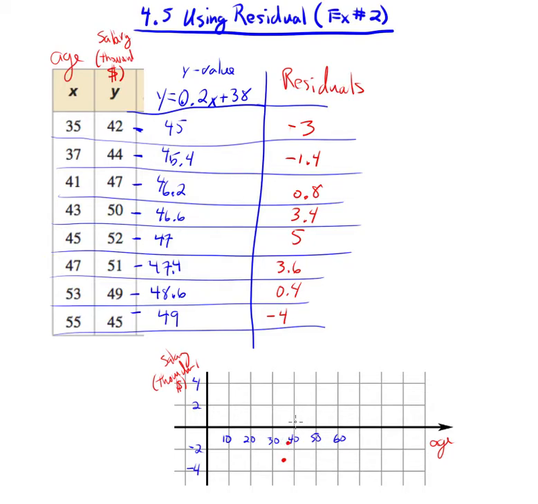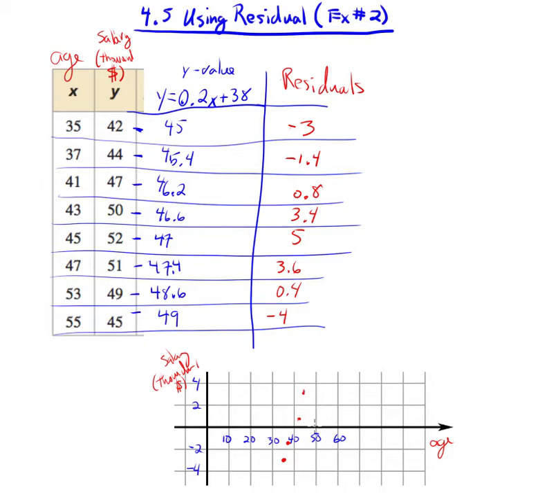Then 41 would be 0.8, so just a little bit lower than 1. 43, just below 45, would be 3.4, so 3 would be halfway, and then 0.4 is a little bit less than halfway to 4. So there's that residual.